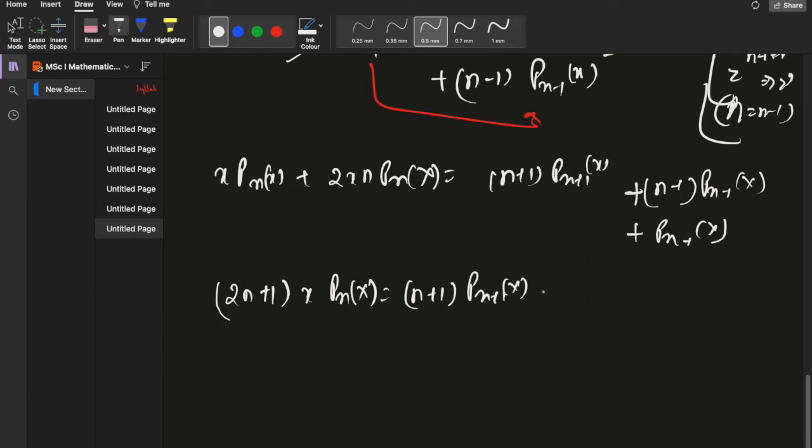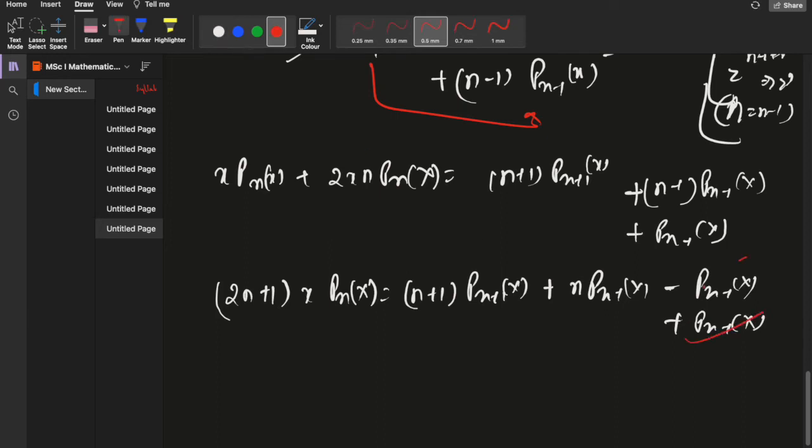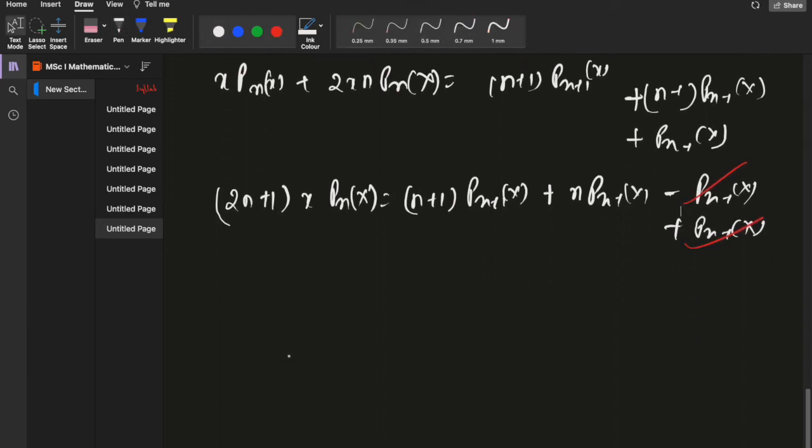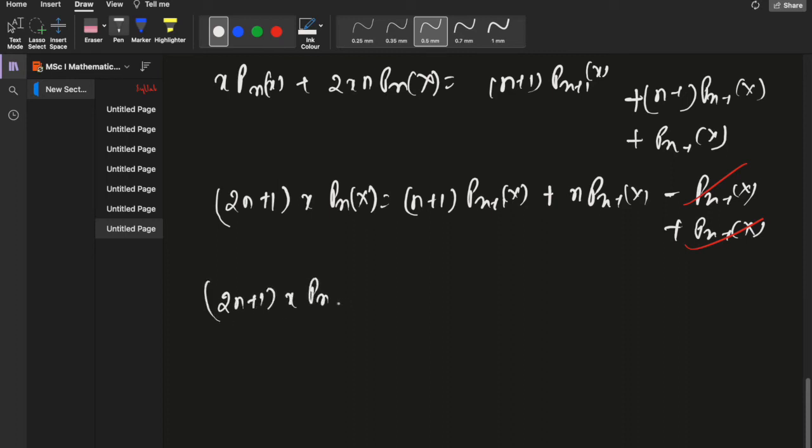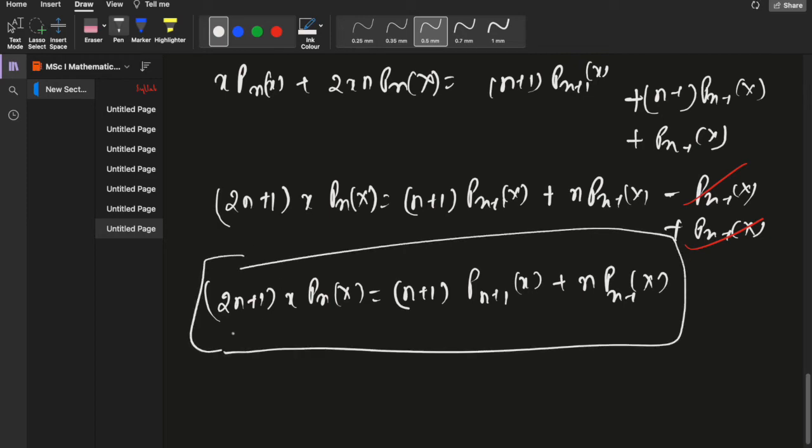Here one term will give me n P_(n-1)(x), negative of P_(n-1)(x) and positive of P_(n-1)(x). This will cancel out. So the final result will be (2n plus 1) x P_n(x) is equal to (n plus 1) P_(n+1)(x) plus n P_(n-1)(x). So this is what we were required to prove.